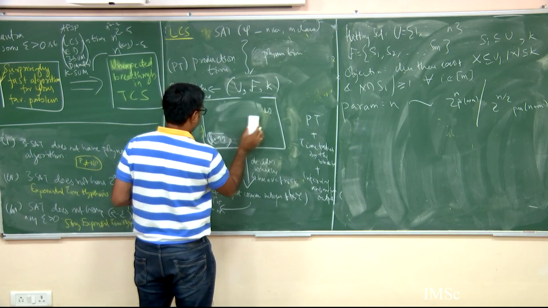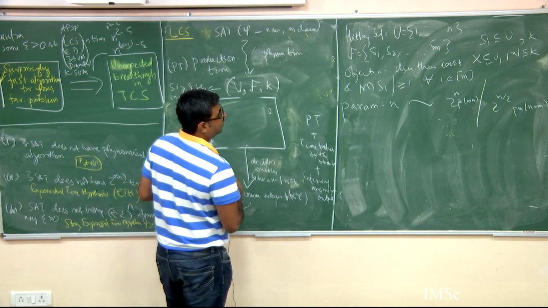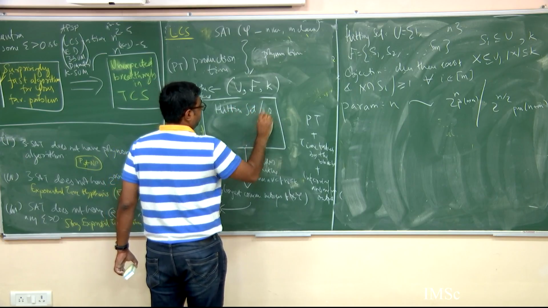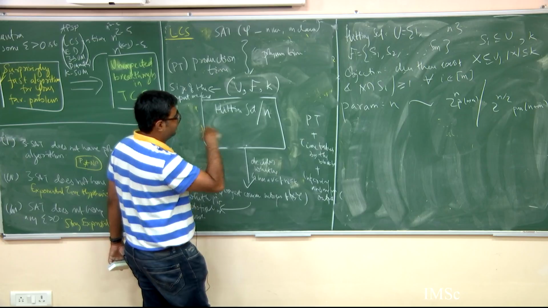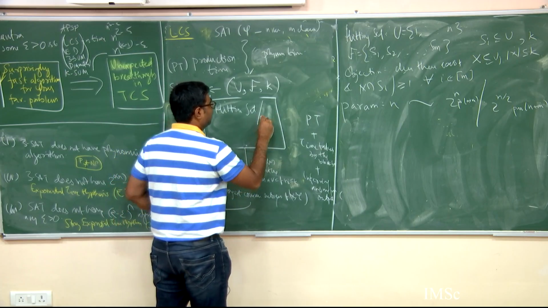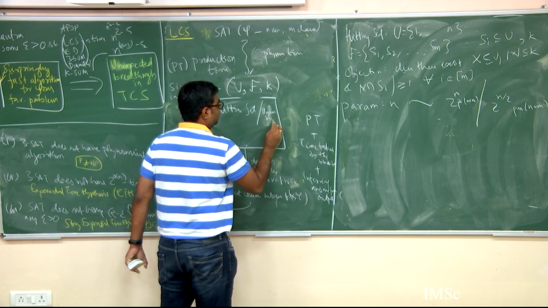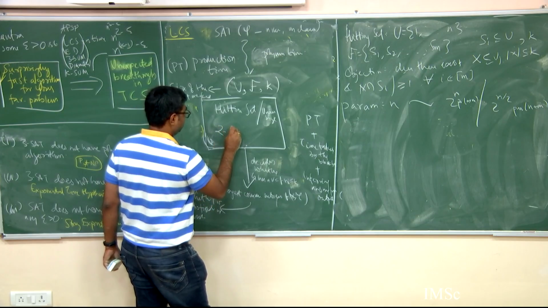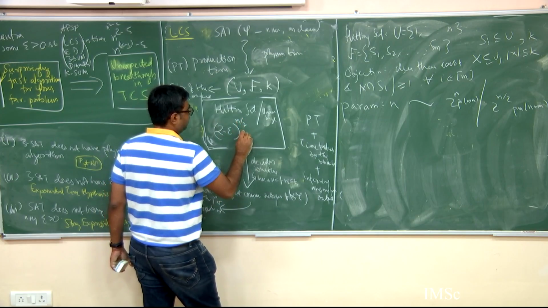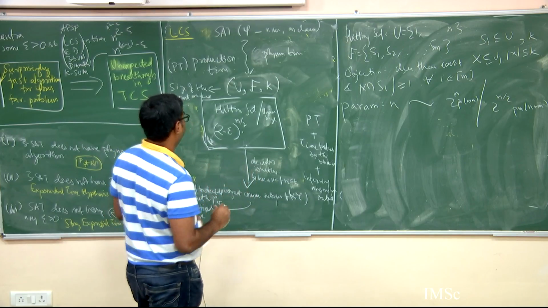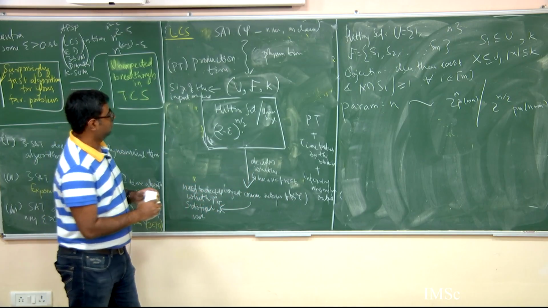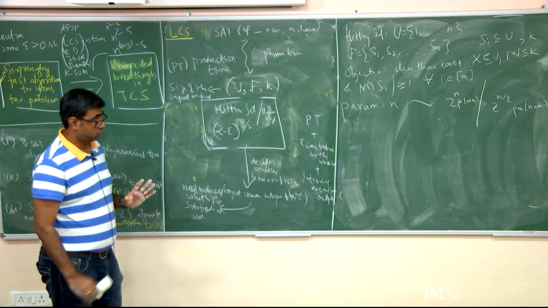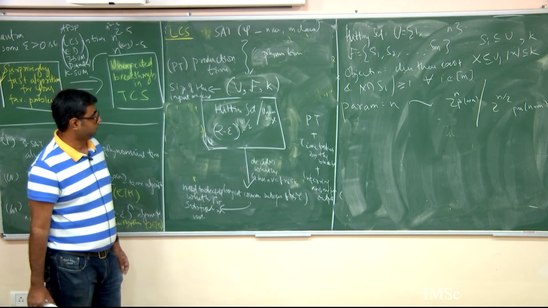And here I have a black box for hitting set parameterized by n, the universe size, and this algorithm will run in time, say, 2 minus epsilon to the power of universe size divided by 2. This is what my black box is.